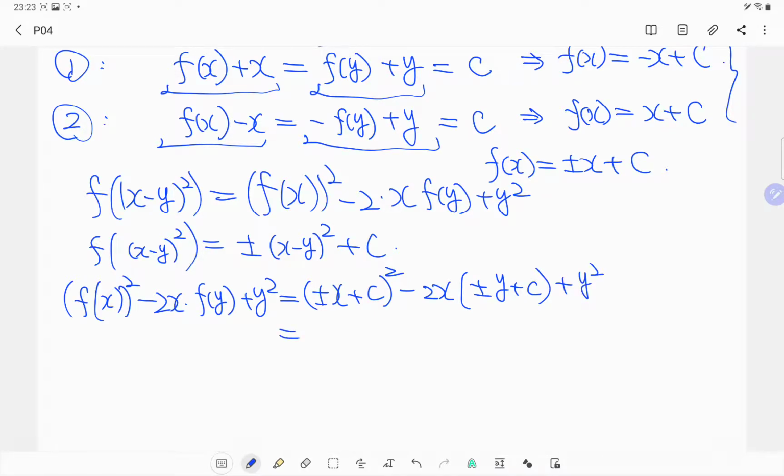So this would be x squared plus or minus 2xc plus c squared, minus or plus 2xy, and then minus 2xc. Let me see. Yeah, so we have a plus y squared.